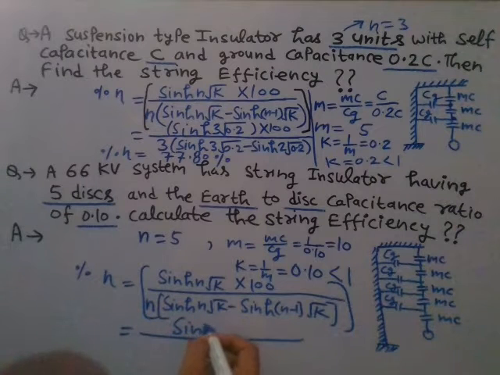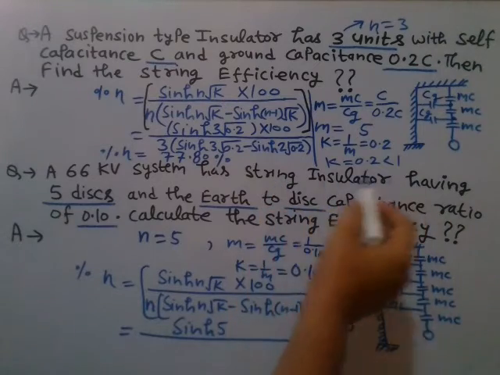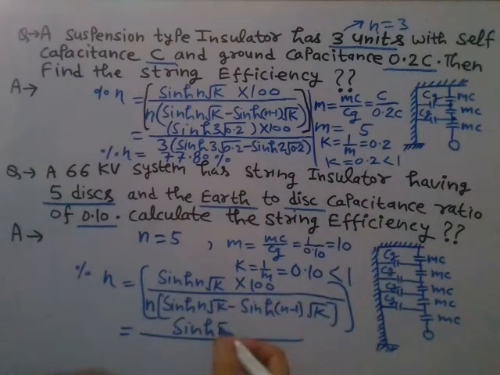So sinh n is basically 5, because the string insulator has 5 discs, 1, 2, 3, 4, 5 discs, right? So sinh 5, n is 5, root k is basically 0.1, right? So k is 0.1.